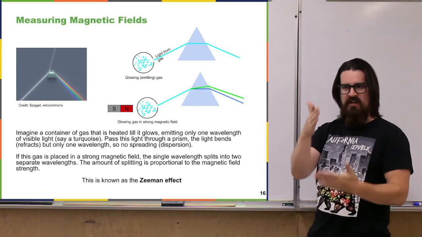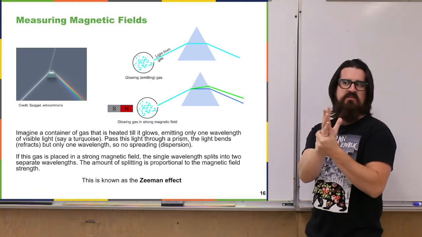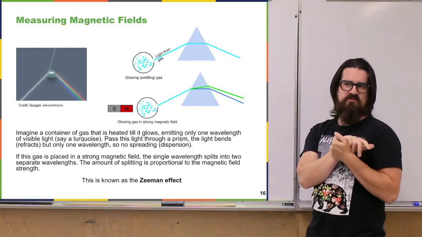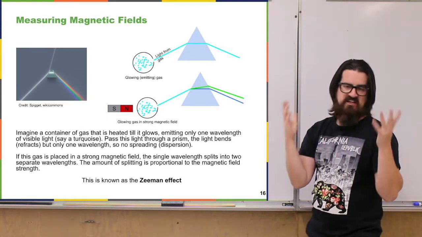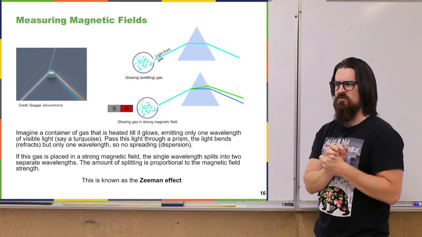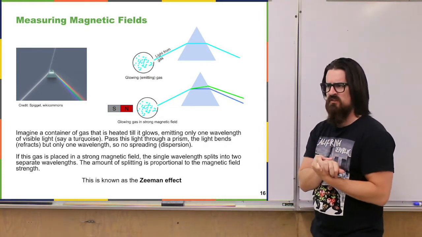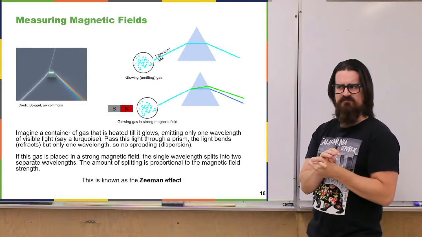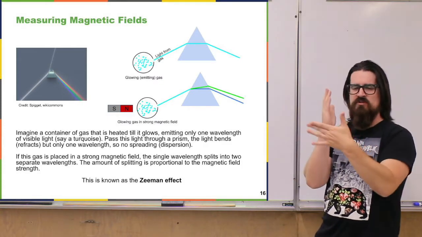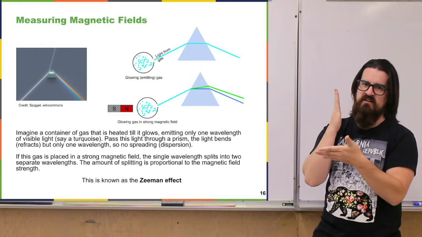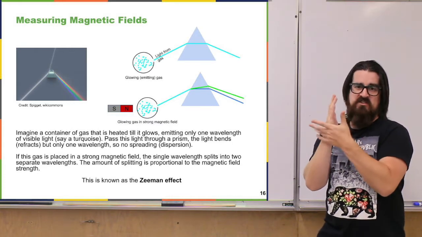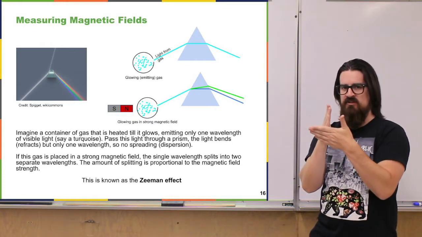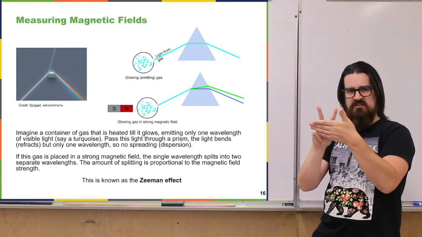So if we look at a particular wavelength that a gas that we know is on the surface of the sun is emitting, say like hydrogen, I think in actuality we typically use a particular wavelength of calcium that's in the sun's atmosphere. I think so. But anyway, we look at a particular emission line from an atom, and if it's in a strong magnetic field, that line that we know is there will have split into two lines.